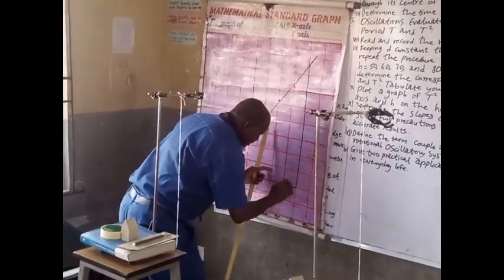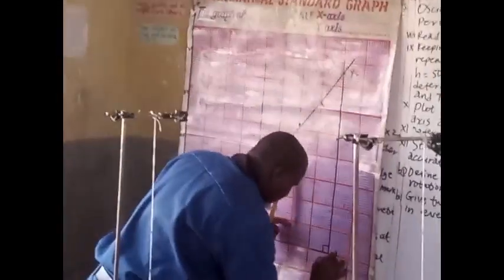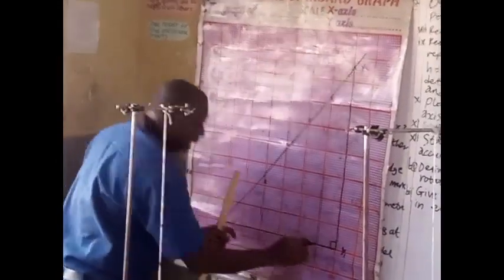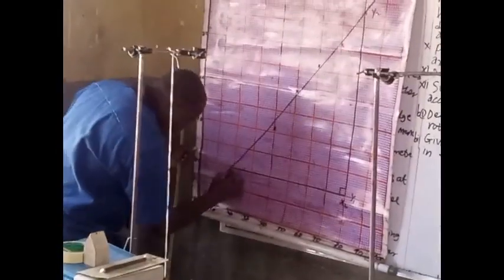So this will be y2, this will be y1, this will be x2, this will be x1.